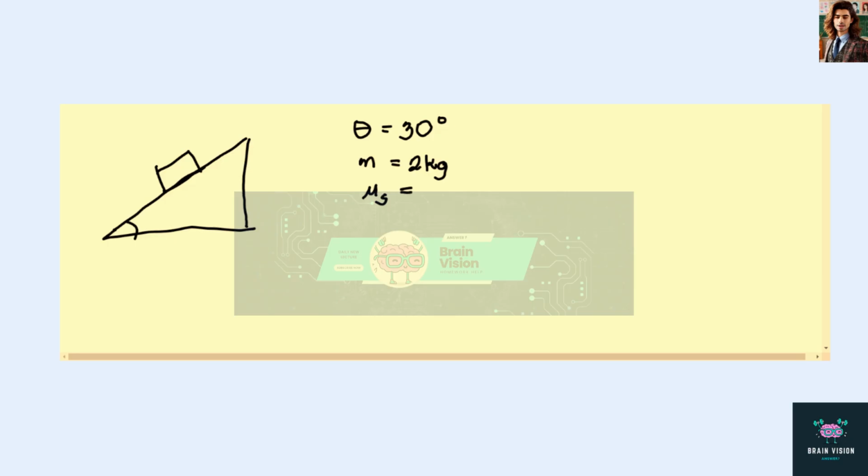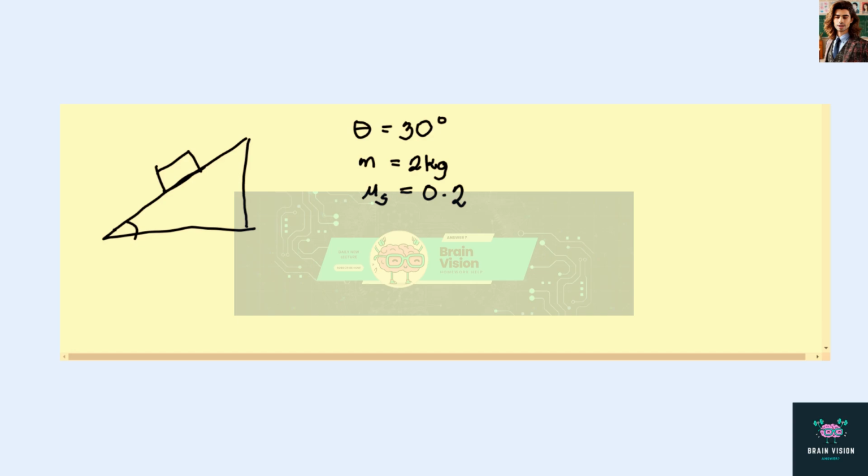The value of the coefficient of static friction is 0.2. So this problem asks for the magnitude of the force needed if the force that will be applied is horizontal.